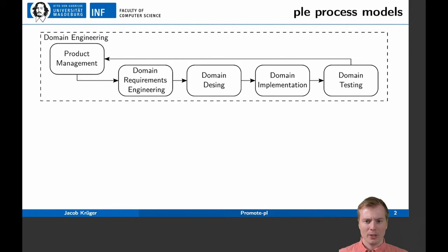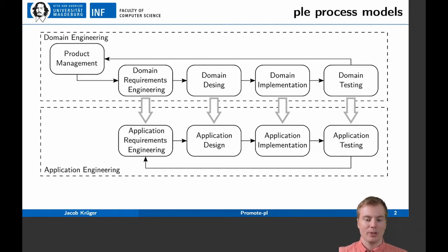And those models basically originated some decades ago and have been proposed, for example, by Pohl et al. and Northrop and Clemens. And they are all pretty similar with some minor changes, minor updates, but they all go into this direction. And if you have this platform according to those models, you basically then continue with application engineering.